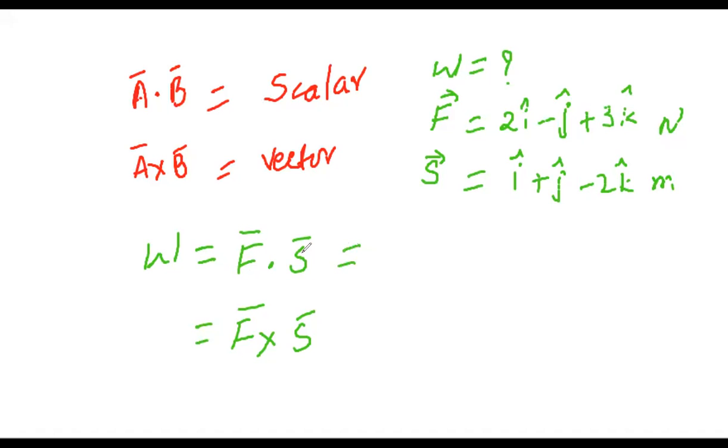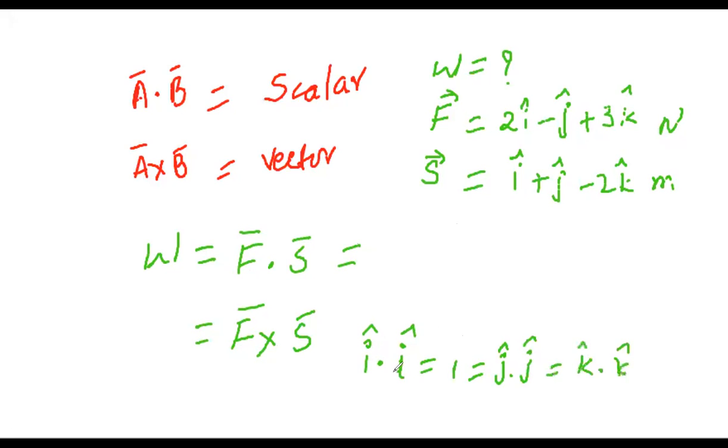When you are doing the dot product of two vectors, you must remember that i dot i is equal to 1. Similarly, j dot j is equal to 1, and k dot k is equal to 1.